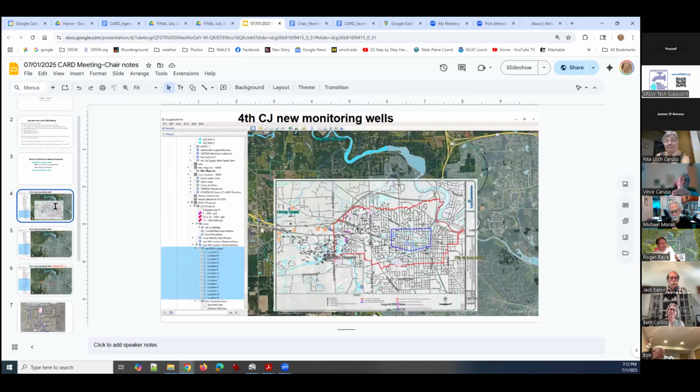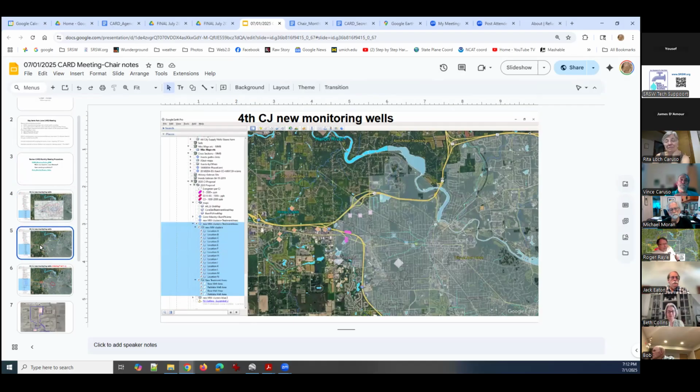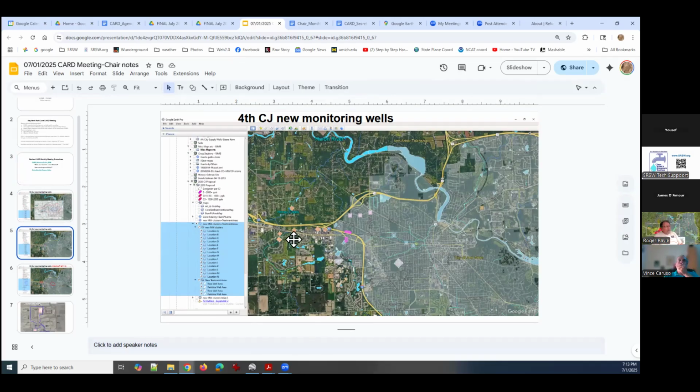This next thing is just a review of the fourth consent judgment monitoring wells that were promised, and which ones of those. Here are the locations that were identified back in 2020 and later as it got adjusted.